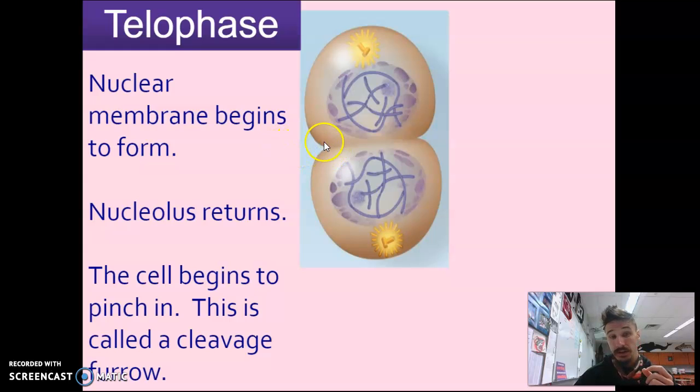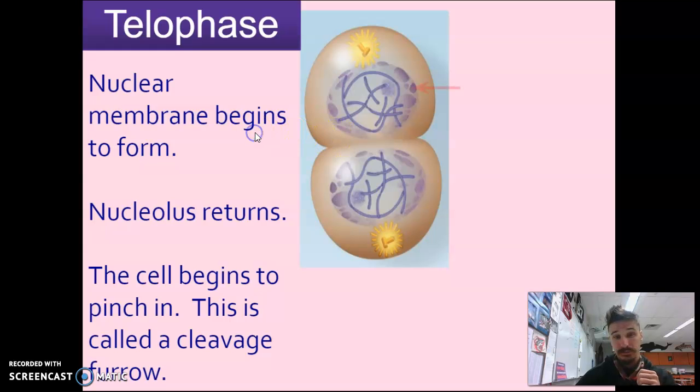And actually, this pinching in is cytokinesis happening a little early. Cytokinesis doesn't wait until the very end of telophase. As soon as these microtubules, this spindle complex, pull the chromosomes to opposite ends of the cell, the membrane will start to pinch in, and this is cytokinesis starting as telophase ends.